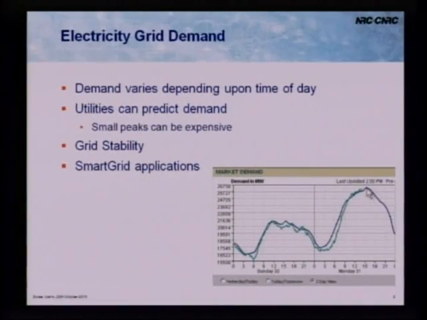And they do this so they can know what generators to start up, whether they need to start purchasing power from a neighbouring province or state, because if they get a larger than expected peak in demand, for example here on Monday, meeting that demand can be quite expensive, and that will have effects on grid stability, and it goes into the smart grid applications. So this blue line is actually the prediction by the utility grid, and the green line is the actual demand over that period of time.